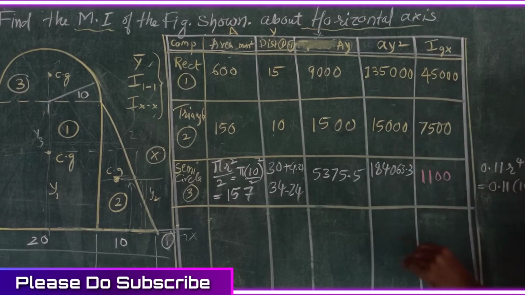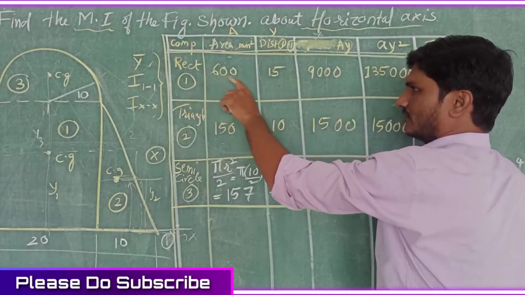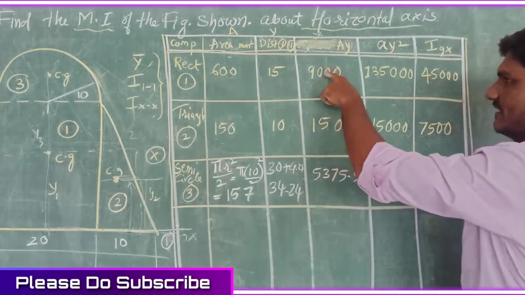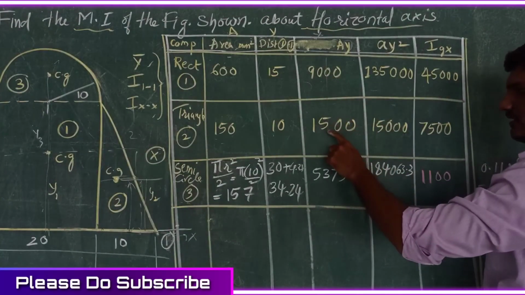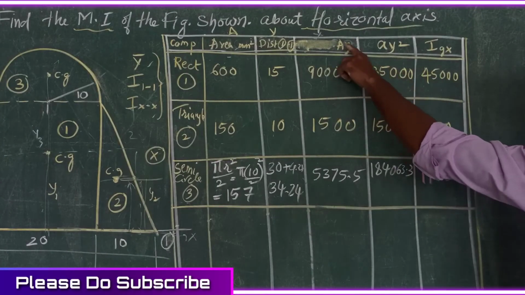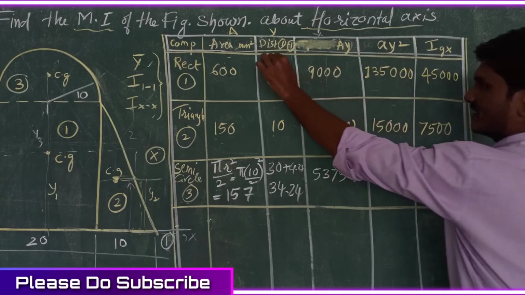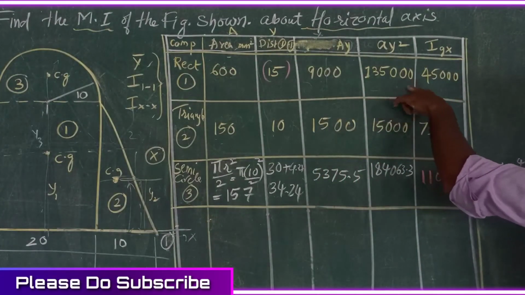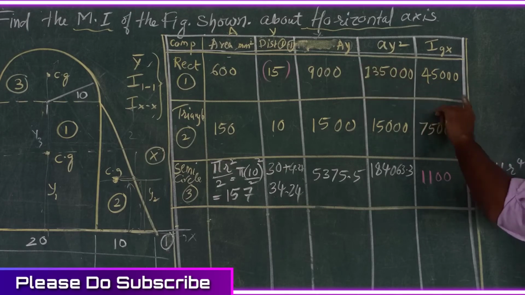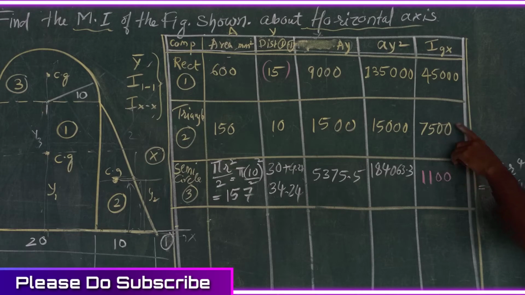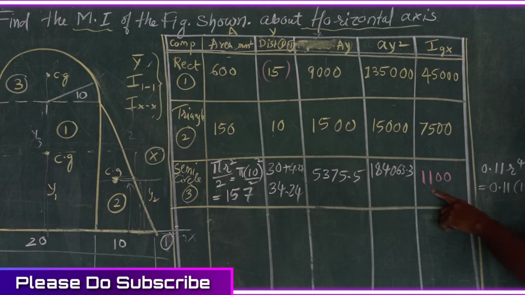So first I will repeat once again. For each element, we have the area, the y distances y1, y2, y3, then ay1, ay2, ay3, and this is a y square. For a y square, first you take y square, then multiply by a, and you will get the fourth column. Then again the moment of inertia for the different segments: for element 1 it is b d cube by 12, for the triangle element b h cube by 36, and for the semicircle 0.11 into r power of 4.